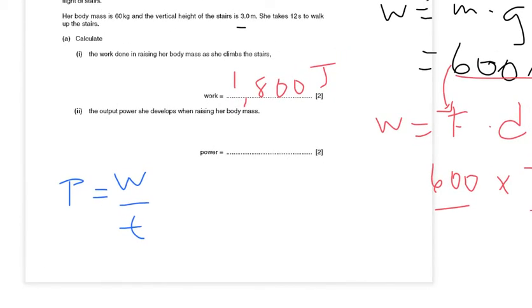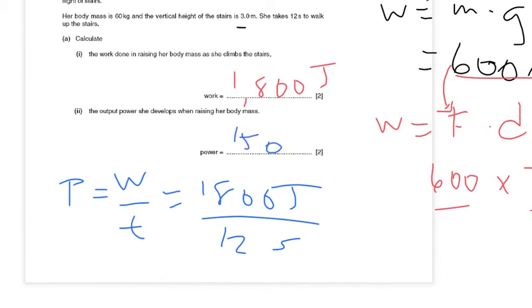How long does she take? The answer is 12 seconds to walk up the stairs. So the work done is 1,800 joules, and the time taken is 12 seconds. If we put that into the calculator, we will get 150, and the answer is in watts. Watts is the unit of power. So 150 watts, 150 joules per second.